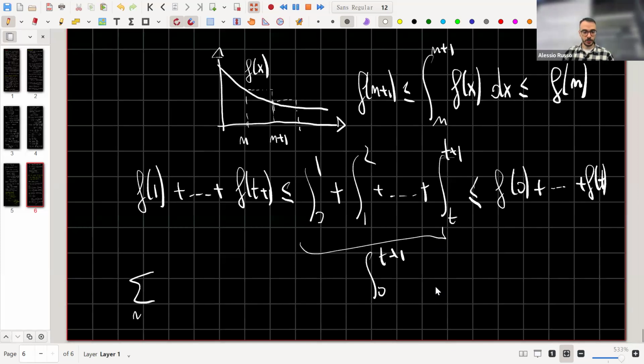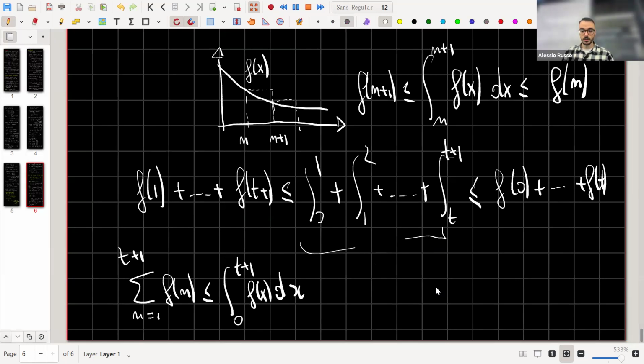So basically, we have just shown that the sum from 1 to t plus 1 of f of n is smaller than the integral from 0 to t plus 1 of f of x dx, which is smaller than the sum from 0 to t of f of n.